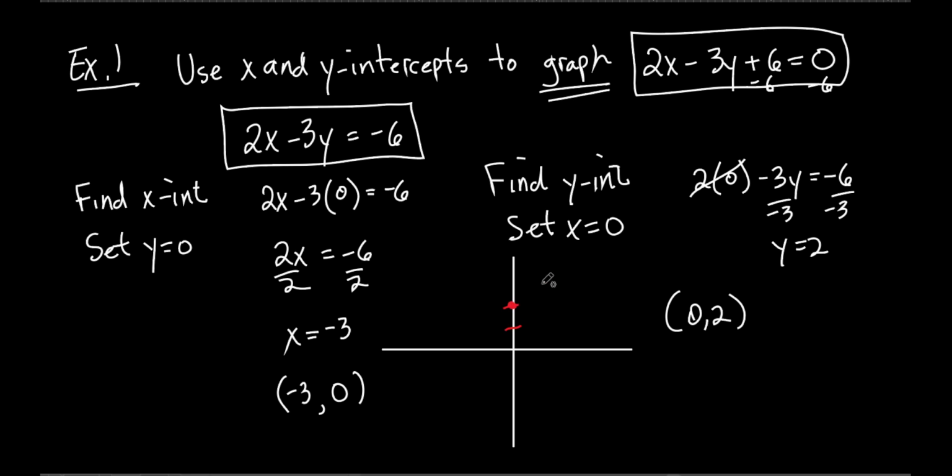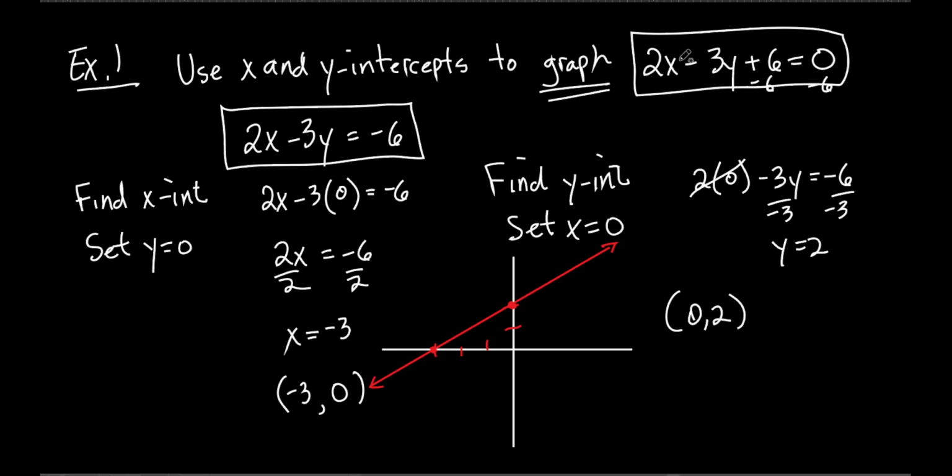That's the y-intercept, isn't it? Okay, negative 3, 0. 1, 2, 3. That's the x-intercept. And now you just connect them. Make sure it goes through them. Don't start it and stop it right on those points. I've had some people do that. Remember, this is a line. It's not a line segment. It's a line. And there's your graph right there.